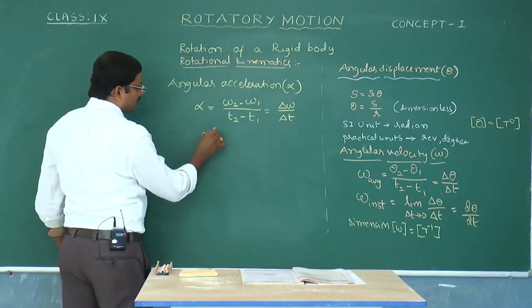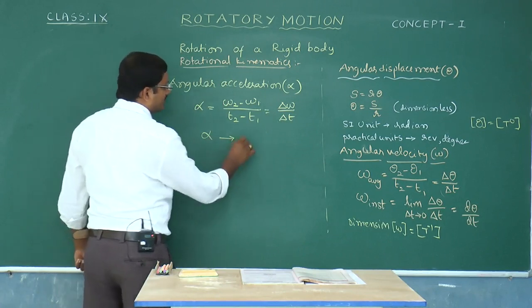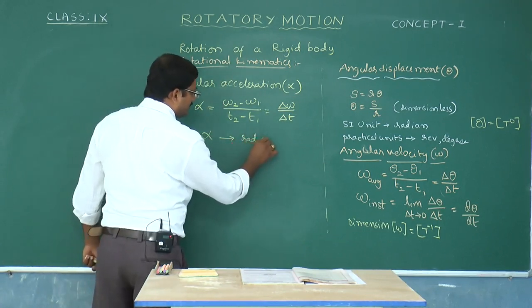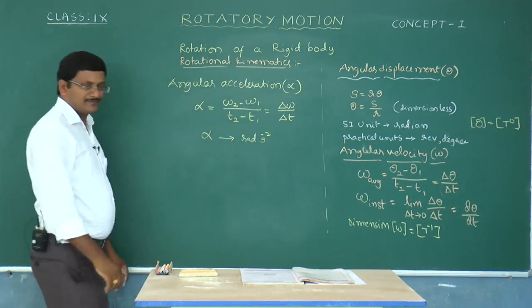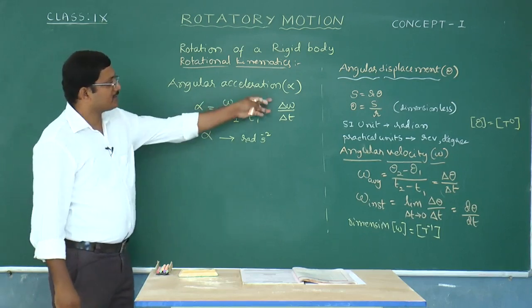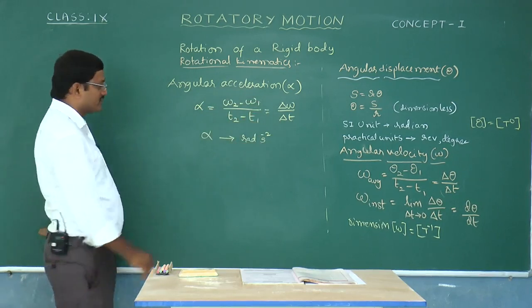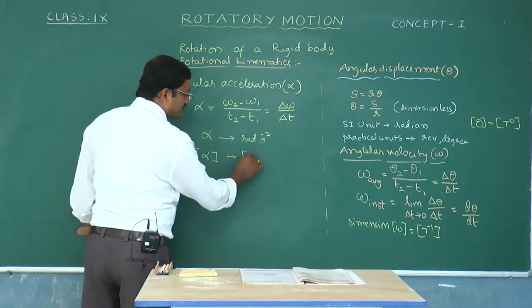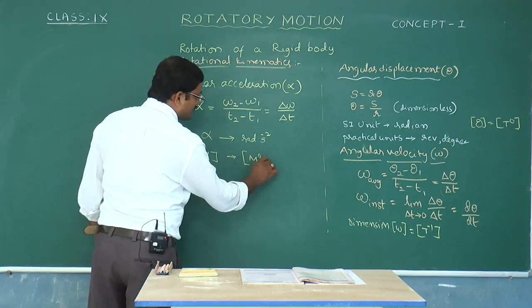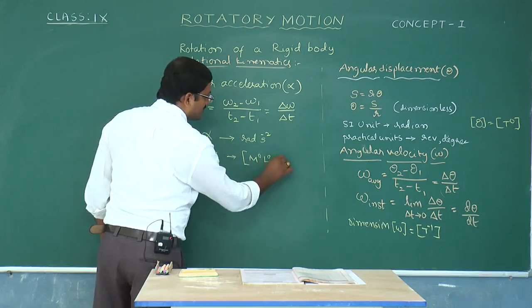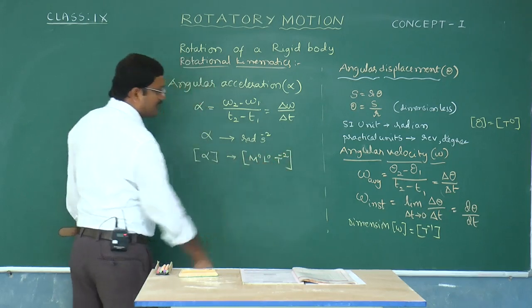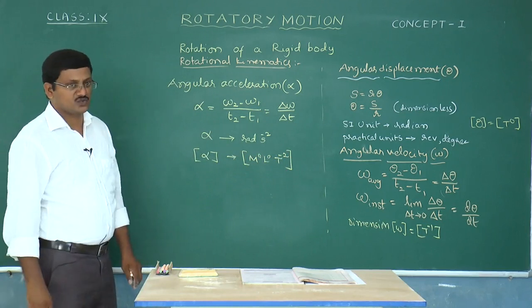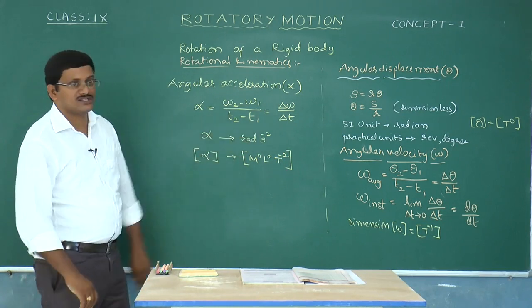The SI unit is radian per second square, and the dimensional formula of angular acceleration is m power 0, l power 0, and since velocity is t power minus 1, acceleration will be t power minus 2.